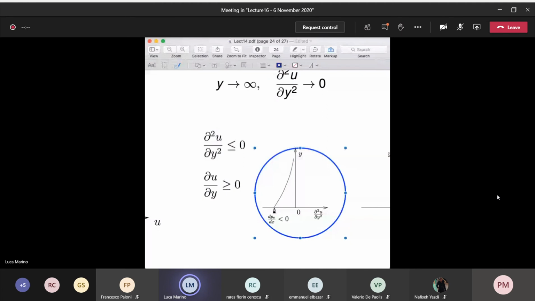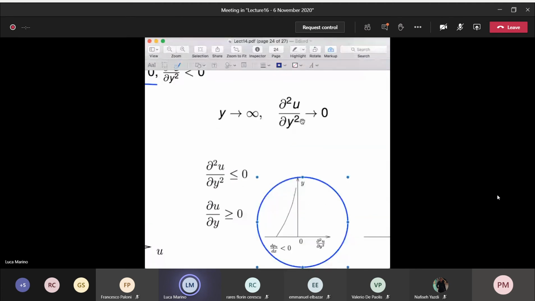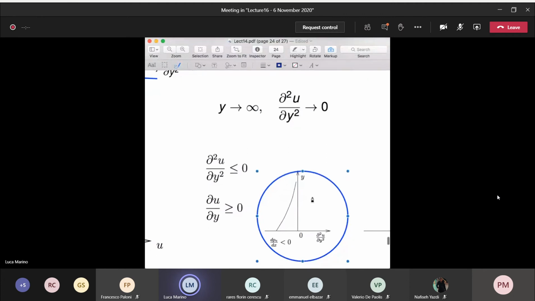We know that out of the boundary layer, the shear stress has to go to 0, but constantly. So not only the shear stress, but also the derivative of the shear stress. So the second derivative of u over y goes to 0.